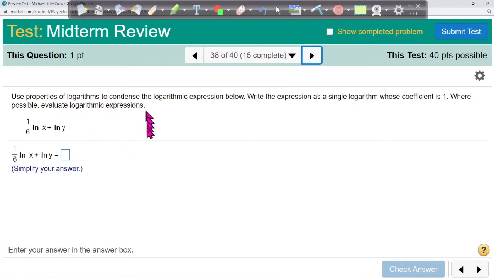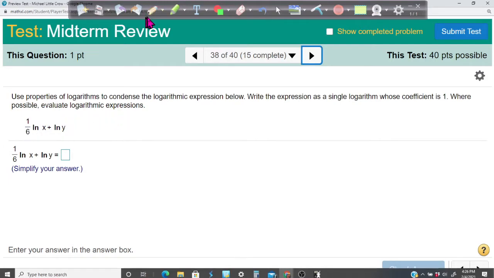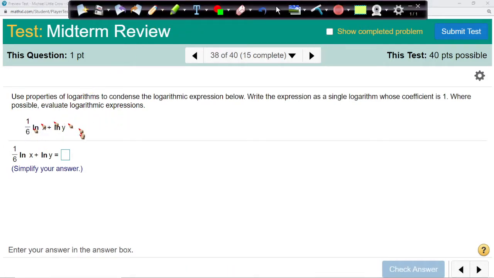Now use the property of logs. Remember there's only two properties, but this time we want to put them back together. So addition becomes multiplication. But before we do that, we want to take this multiplication in front and turn it into an exponent. So the first step is to put it back into a single logarithm, taking any things that would become exponents and putting them up there.